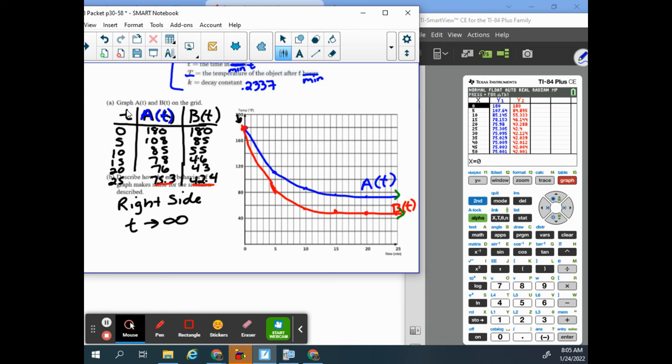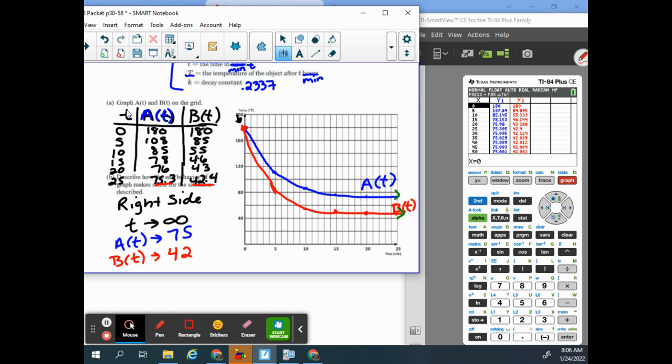My blue graph, A of t, so the y value for the A function is heading towards, and if I look in this table at my values, I see it's heading towards 75. At some point in my table, pretty soon it'll round to 75. The bottom I see here is 75.001, but it's heading towards 75. And for B of t, I'm heading towards 42.